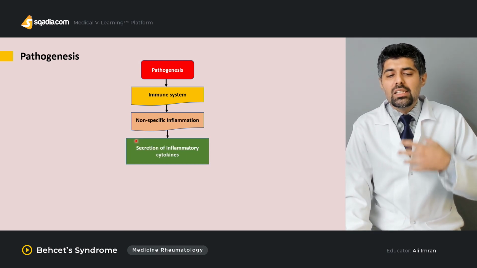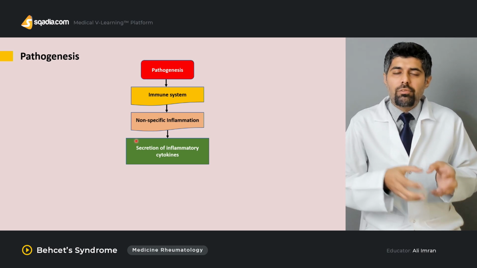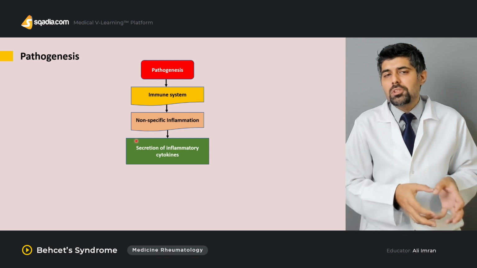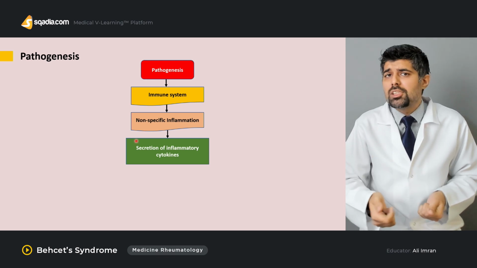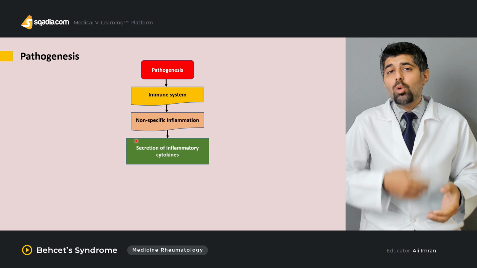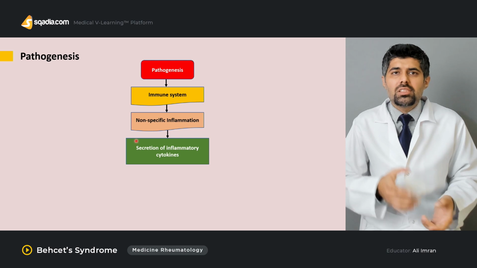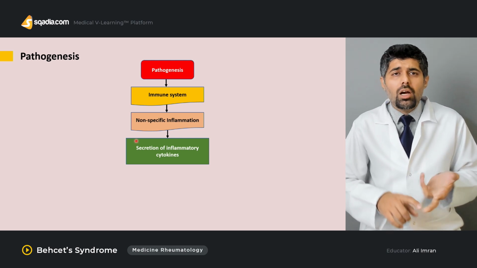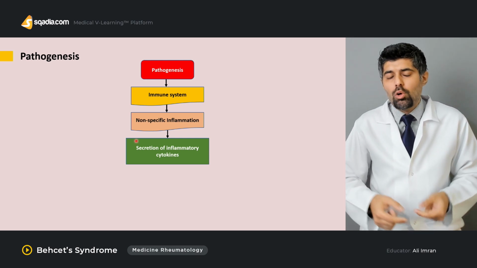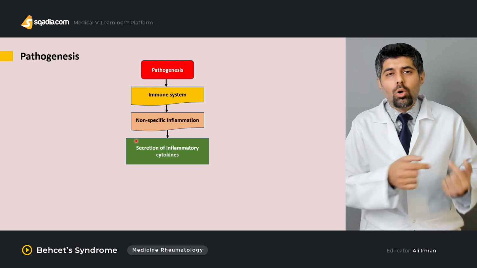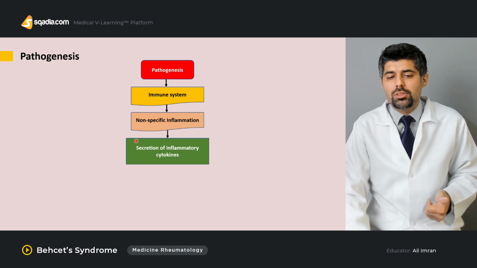So whenever these events happen, we get migration of certain cells such as the T helper cells 1, helper cell 17, cytotoxic T cells such as CD8, and all of these cells along with the neutrophils secrete certain chemokines, and these chemokines such as IL-10, IL-23, IL-32, all of these then further trigger further migration of both the neutrophils and all of these T lymphocytes, both the helper ones and the cytotoxic ones.